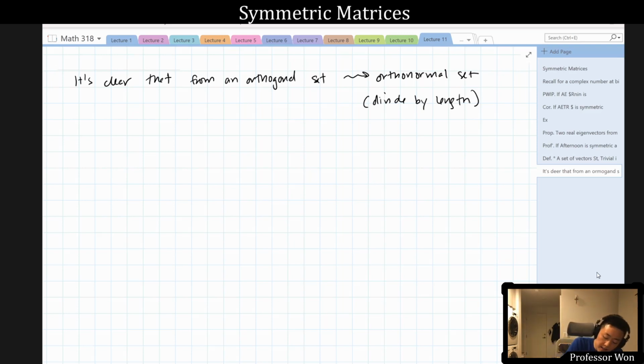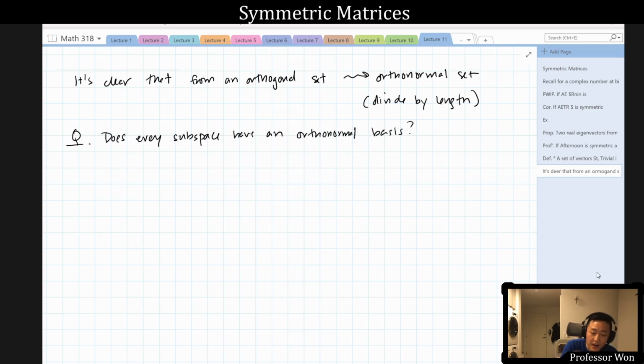But what's not that obvious is, does every subspace have an orthogonal basis? Or an equivalent question is, does every subspace have an orthonormal basis?